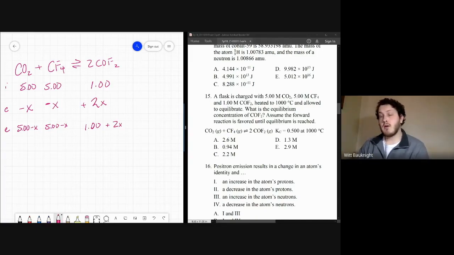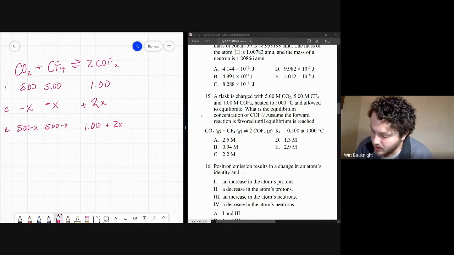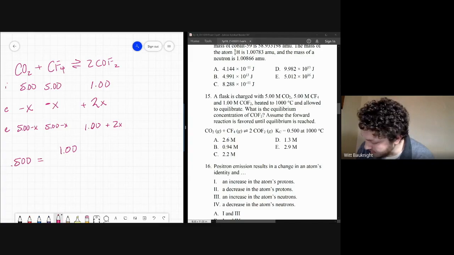Now, we know what Kc is in this problem. Kc is equal to 0.5. So we know that 0.500 is equal to this term: 1.00 plus 2x. Now, you'll notice I'm squaring this.